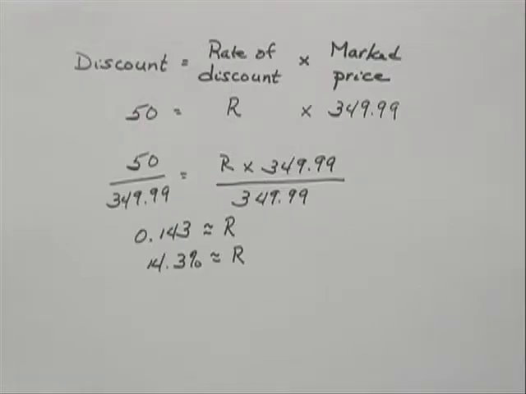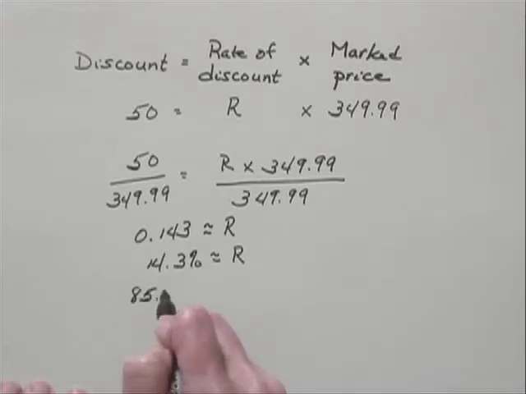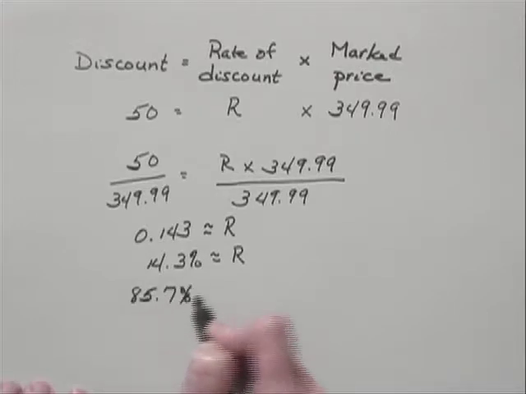Now, to check this, we might note that a discount rate of 14.3% means that 100% minus this percent of the marked price is paid. 100% minus 14.3% is 85.7%.